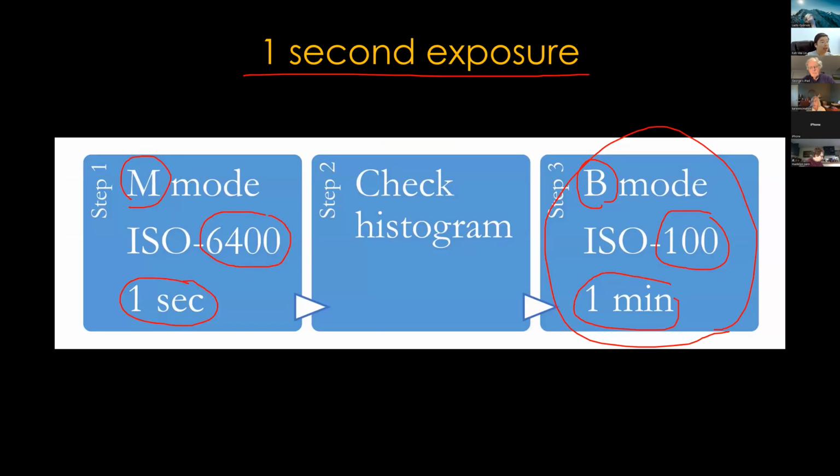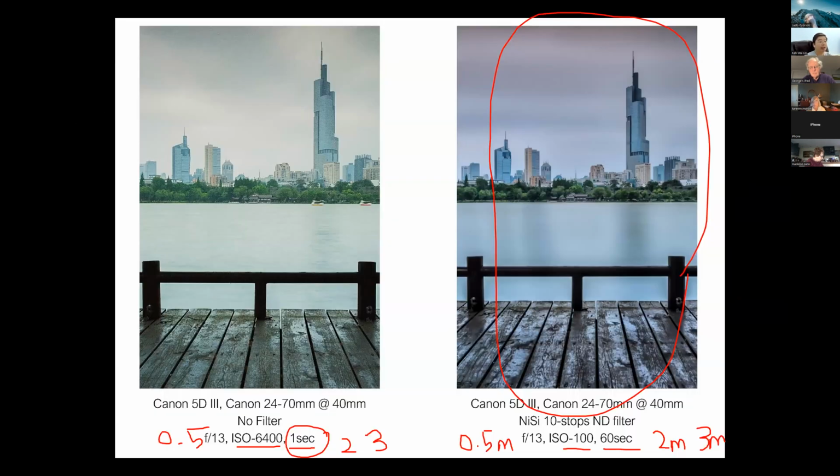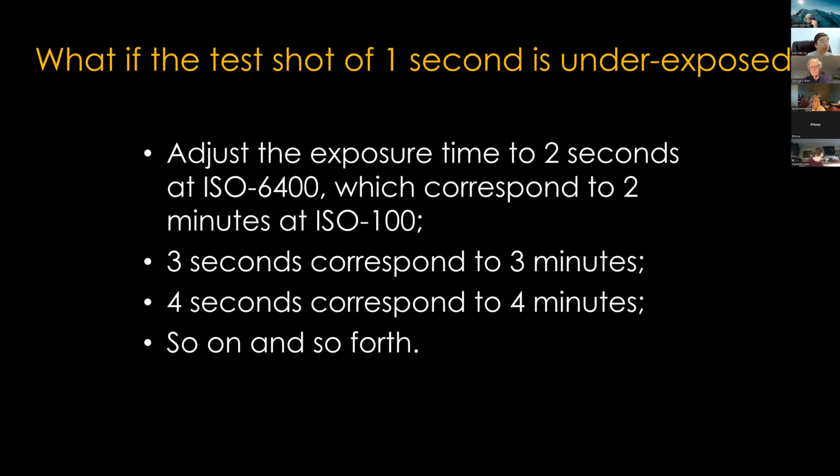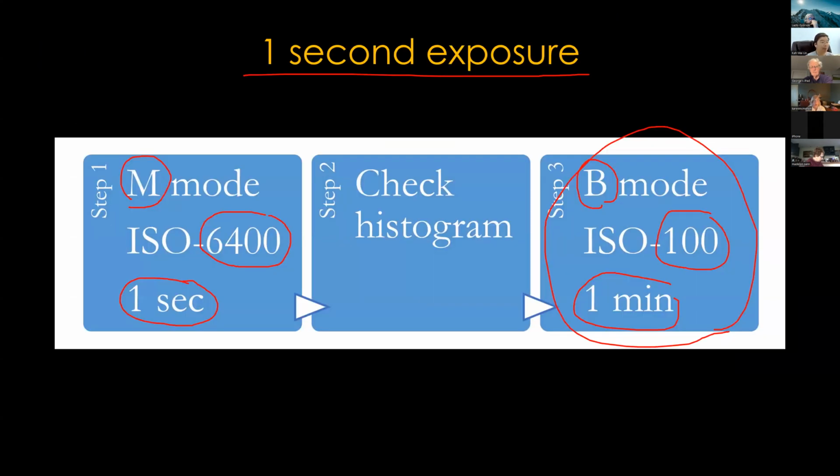This is the quick technique that we use to calculate the exposure time when we are using, for example, the ND 10 stop filters. You can also use this technique to shoot night scape photography. In most cases, when we shoot night scape photography, we just give a guess.